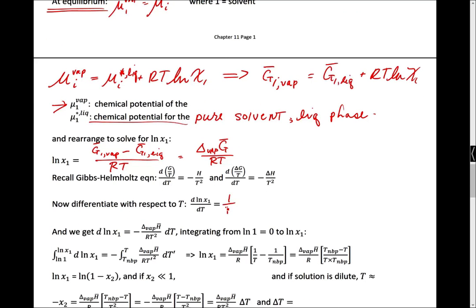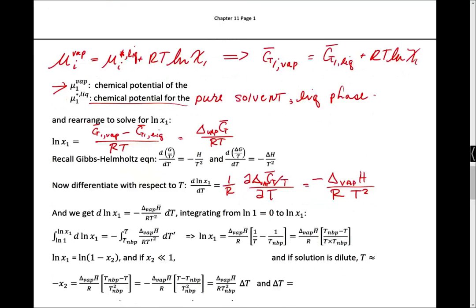This is going to be 1 over R times the derivative of delta G vaporization over T with respect to T, and that will come out to be equal to minus delta H of vaporization over RT squared.